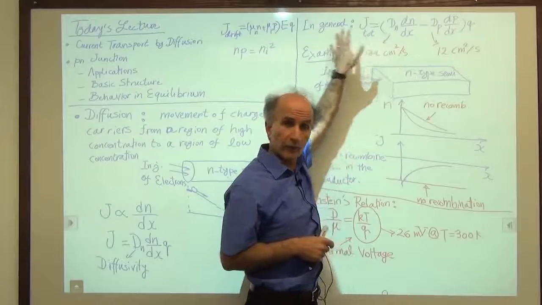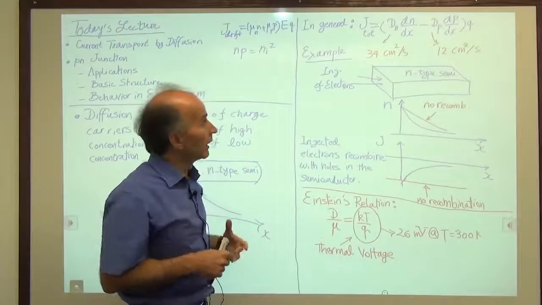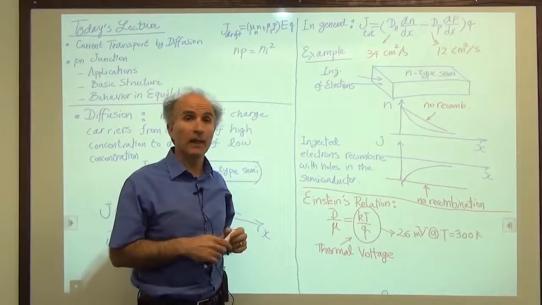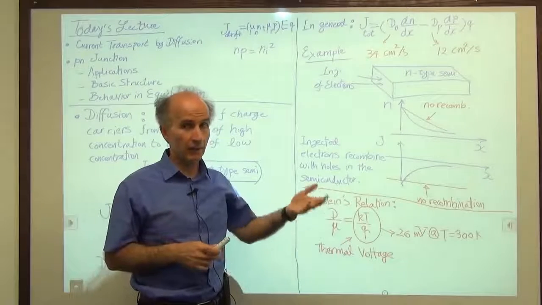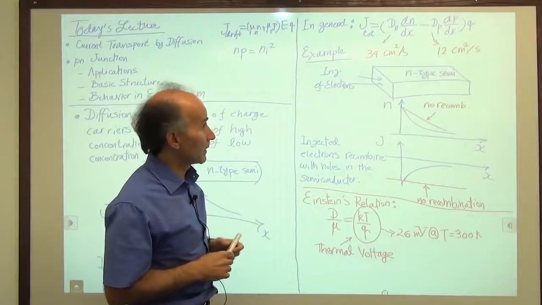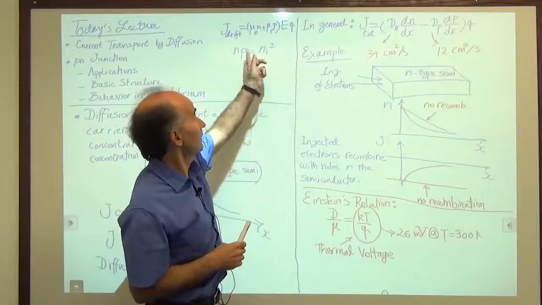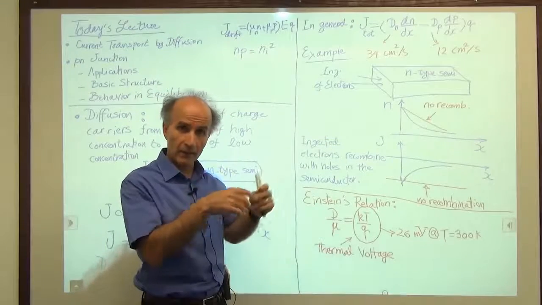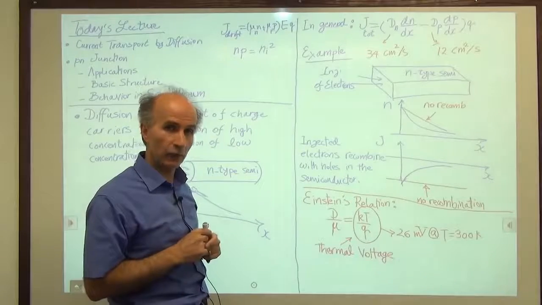And of course, we could have both of these at the same time in the semiconductor under some conditions. But it's good to remember that these are very different mechanisms and that they do different things, even though the final result is current conduction. And as we will see in electronic devices, sometimes we have that, sometimes we have this. Or in some part of the device, we have that, in some part of the device, we have this. So these are the two mechanisms that we have to remember.